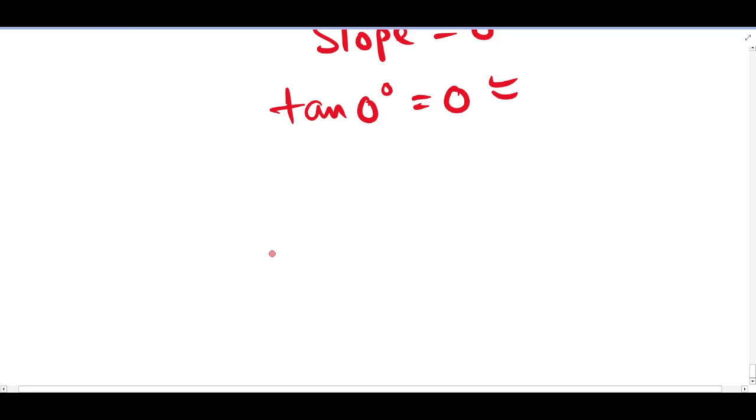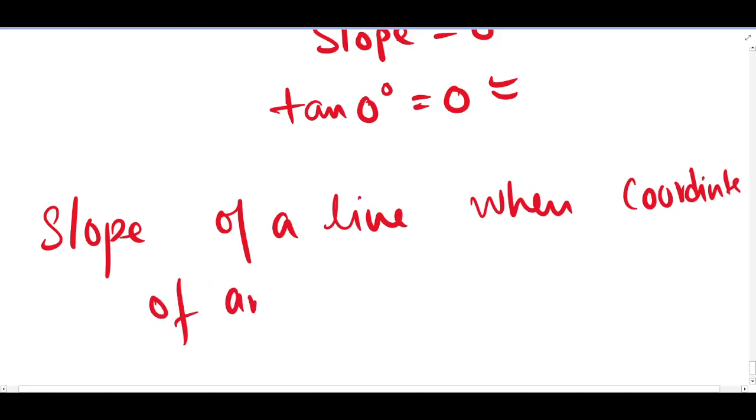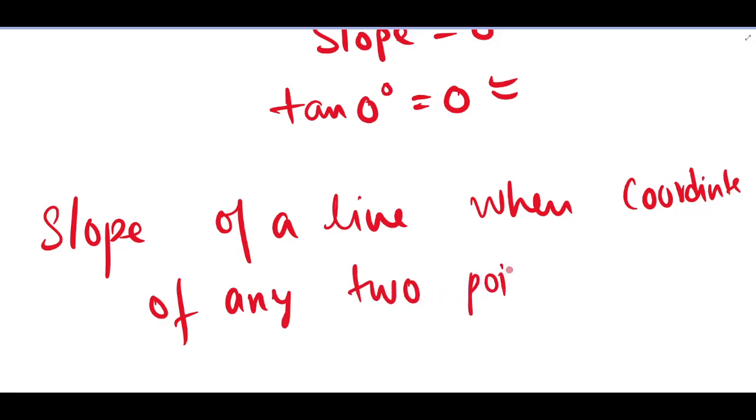Next is the slope of a line when coordinates of any 2 points on the line are given.